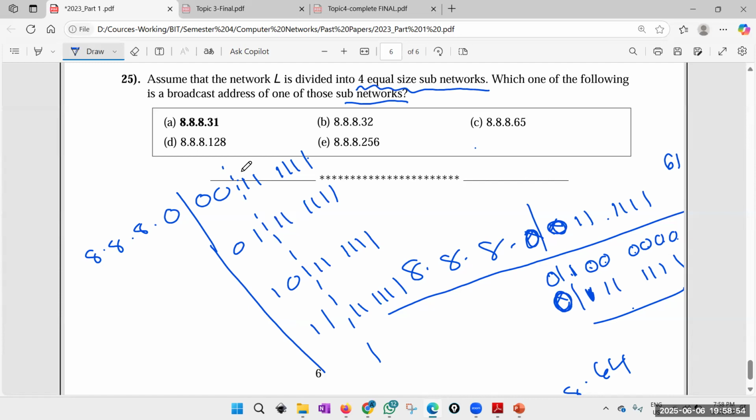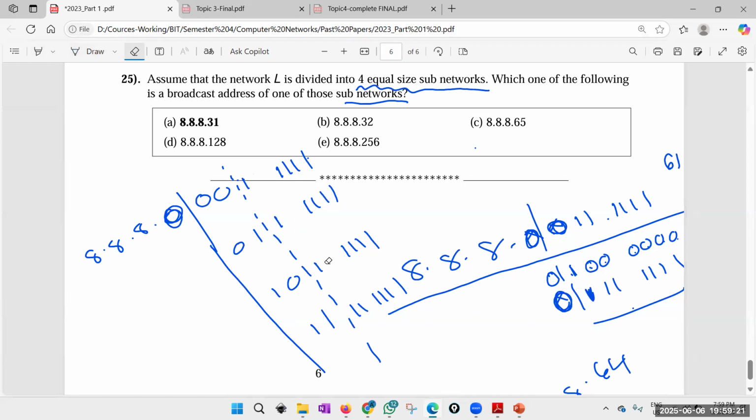Did I make a mistake? Three digits. 1, 2, 3. Ah, yes. Sorry for that. 1, 2, because the 0 is already there, right? So 1, 2, 3, we can have only one here. Sorry for that. Yes, that is why I'm not getting the correct answer.